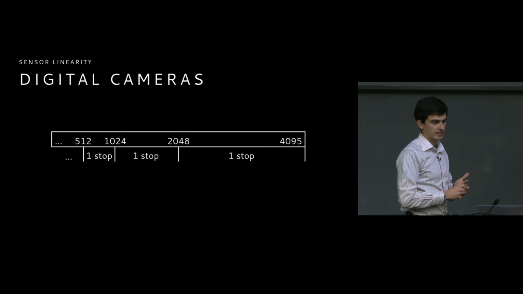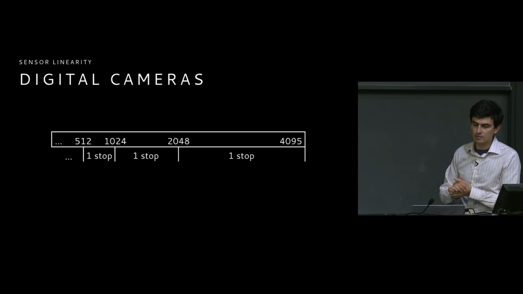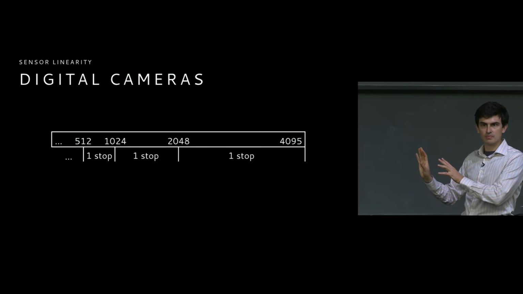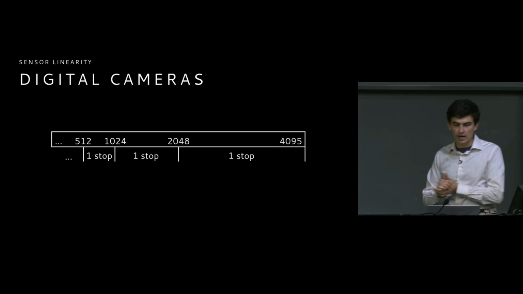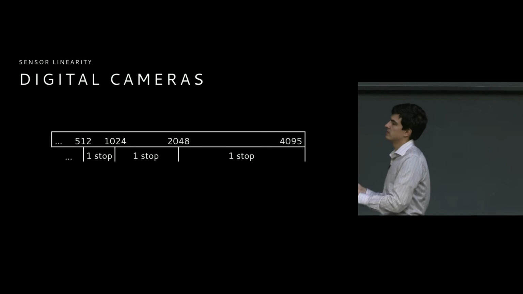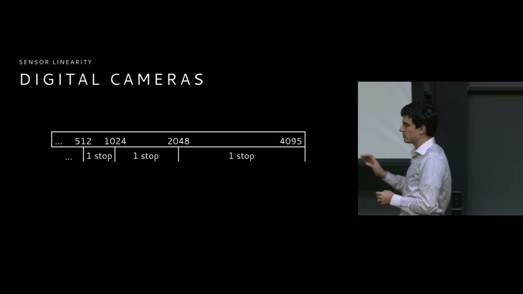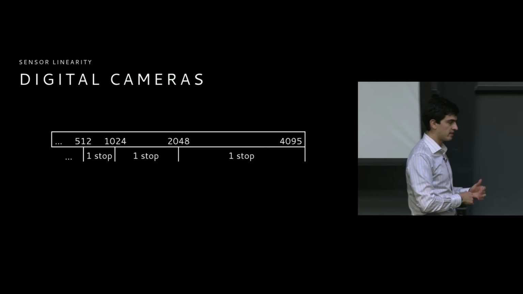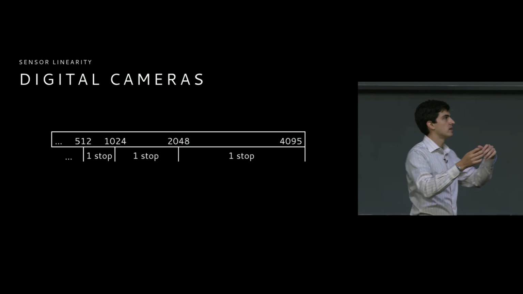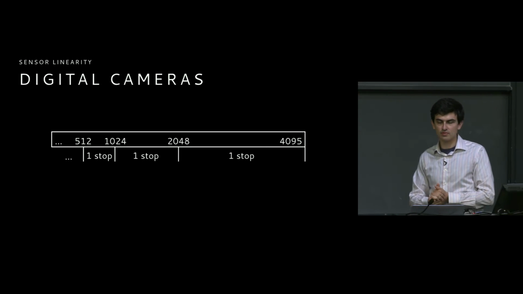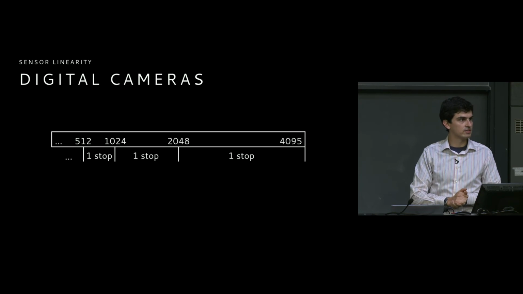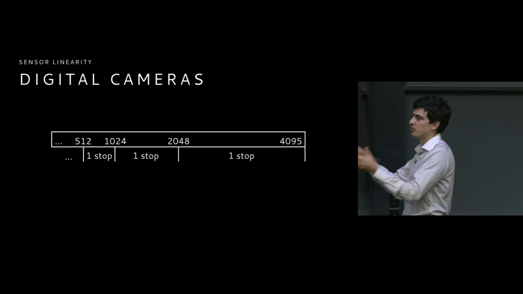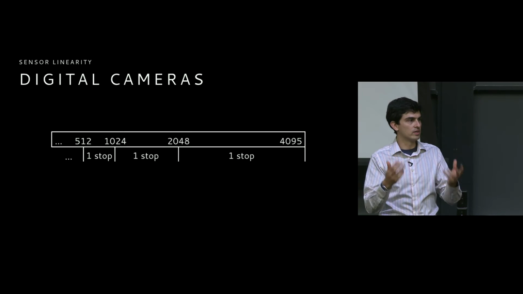But this is not necessarily the best thing, because this doesn't make a lot of intuitive sense to us, first of all, the fact that the brightest stops have the most number of values. And this also isn't really how we perceive the world. You may not actually say that the brightest regions of the world seem to have the most subtle gradations. And so we might say that our eyes or our brains are not computing the world in this same linear fashion.